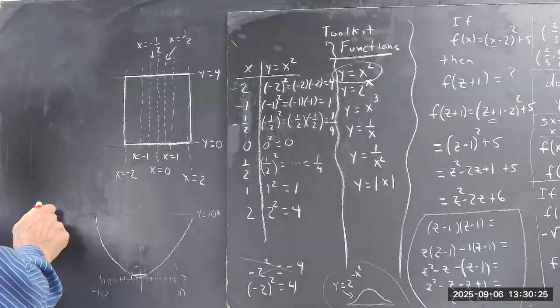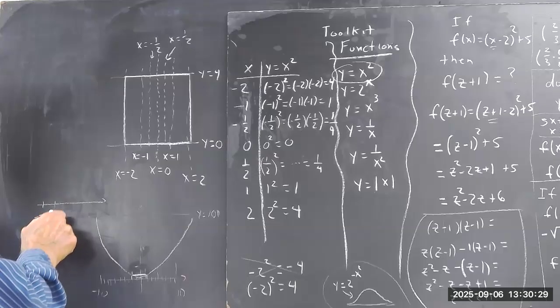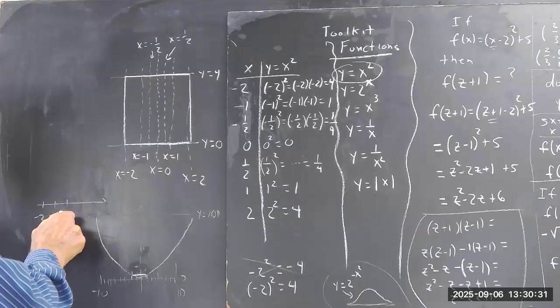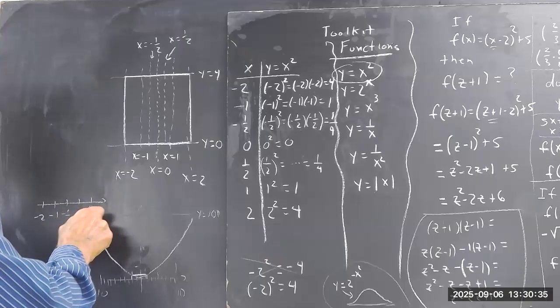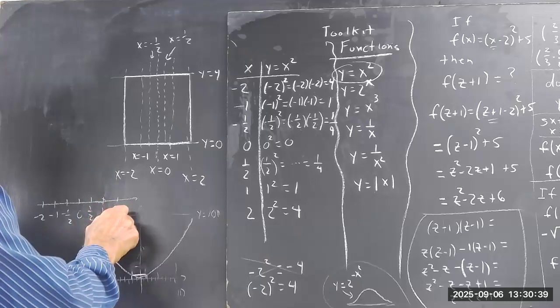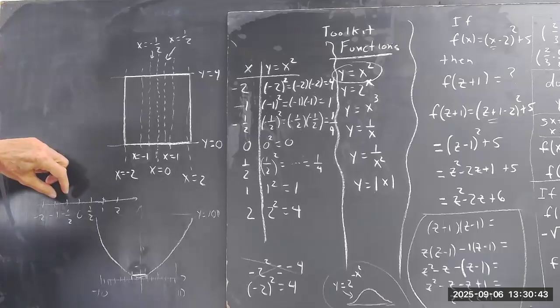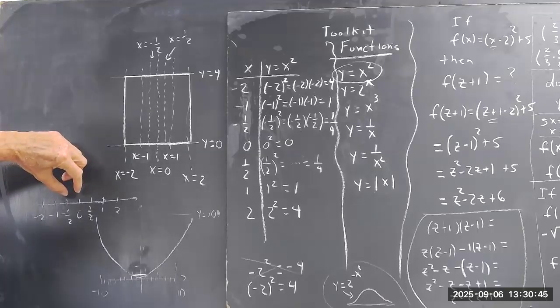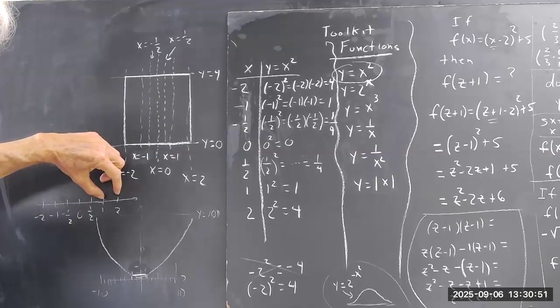I often see people write -2, -1, -1/2, 0, 1/2, 1, 2, so that the distance from 1/2 to 0 is the same as the distance from 1 to 2.